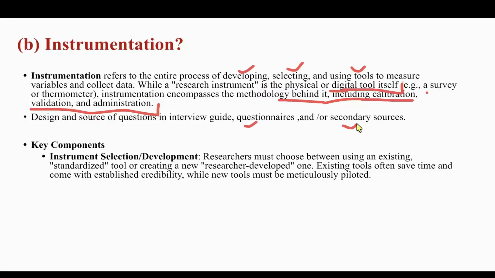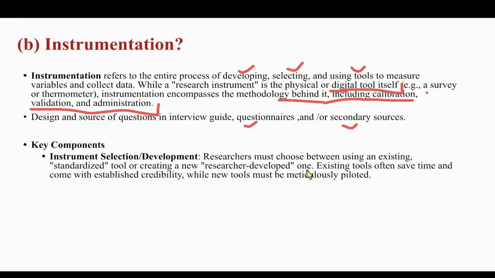What are the key components? So first is instrument selection and development. So we have already indicated, either we develop the questionnaire or we adopt it from some previous researchers. So the researchers must choose between an existing standardized tool by, of course, proper citations, or creating a new one on our own.